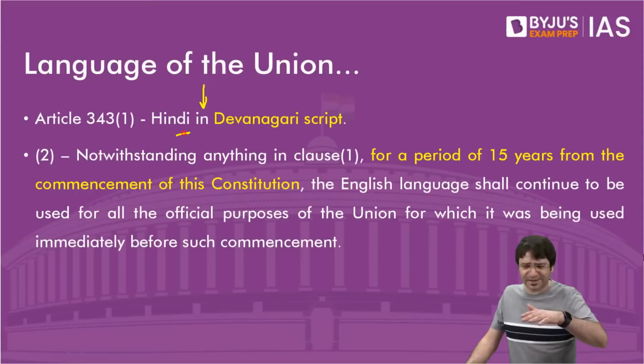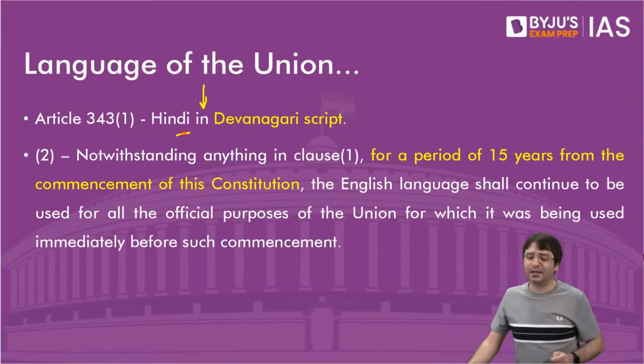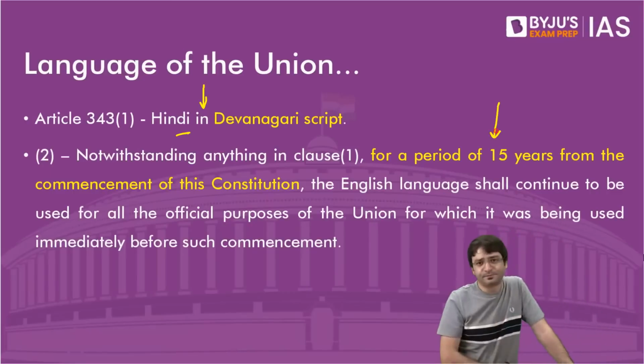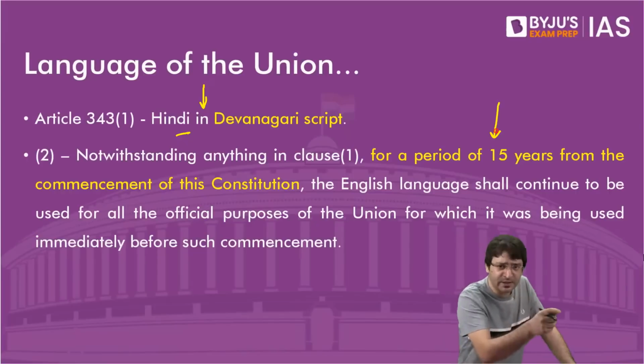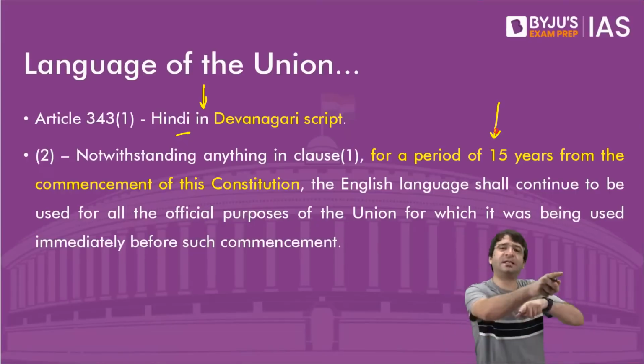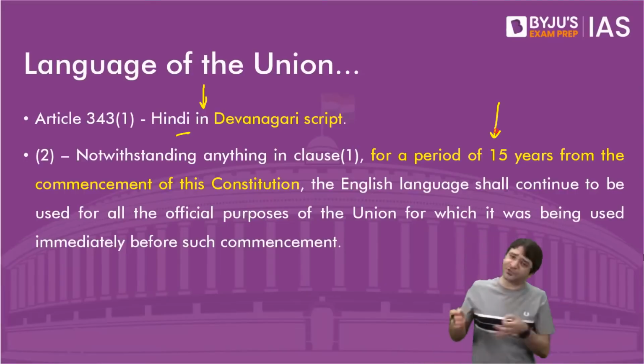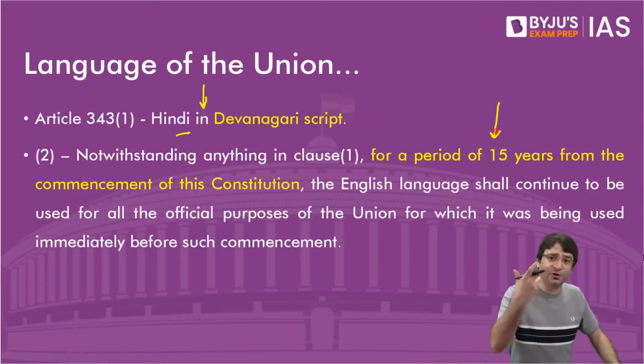We need to prepare ground for it. It can't be an overnight decision. That is why the Constitution said that for 15 years, English will continue. Although the official language of the Union has to be Hindi, we will implement this in 1965, 15 years later. For these 15 years, English will continue as the official language of the Union.